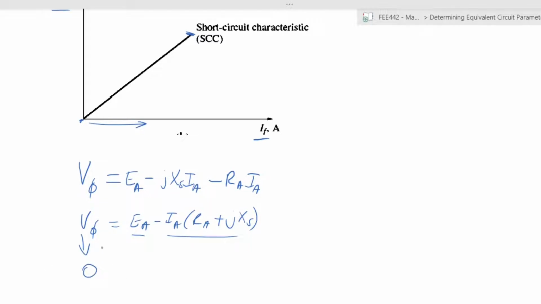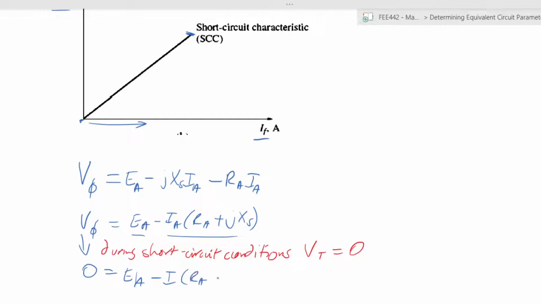So during short circuit conditions, Vt equals 0, so that means 0 is equal to EA minus IA (RA plus jXS).